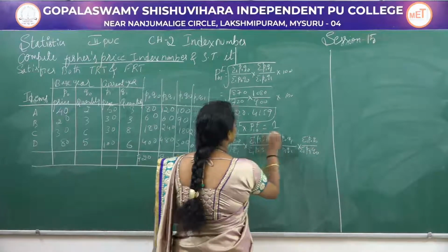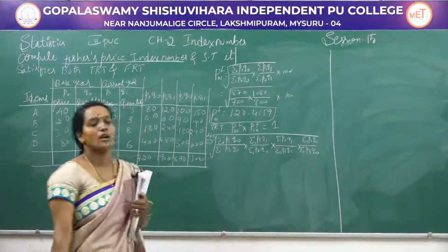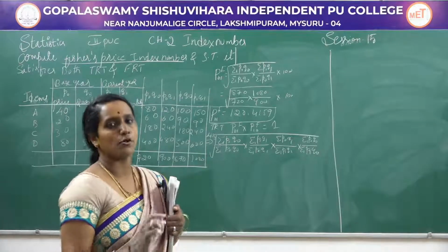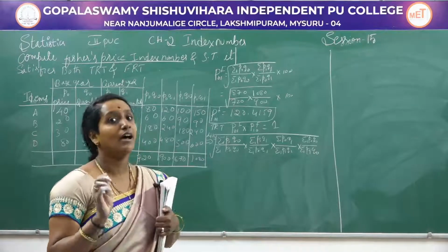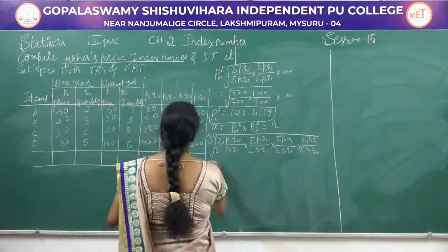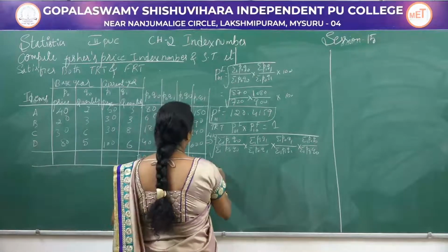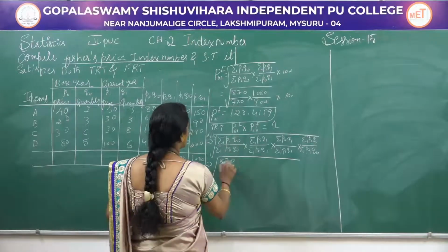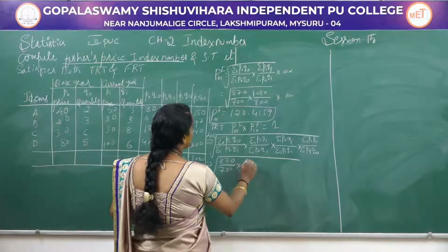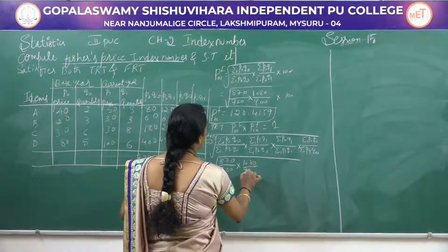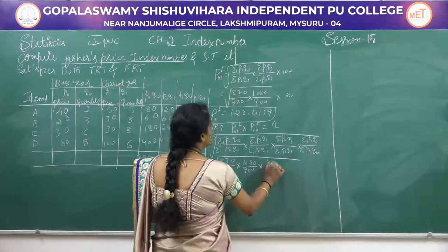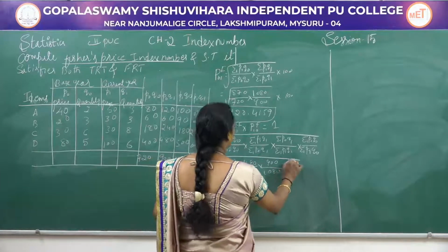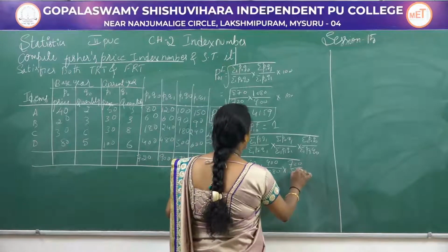The square root. The next is you have to substitute the values. Without substituting the values, if you simply cancel this one, you won't get the marks. So substitution of the values is very important. Inside the square root, P1 Q0 is 870 by 720 into 800 divided by 900 into 900 divided by 1080 into 720 divided by 870.